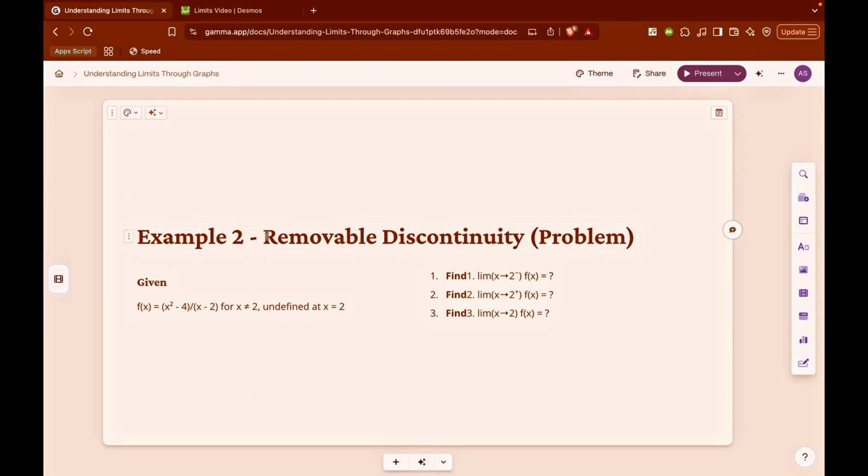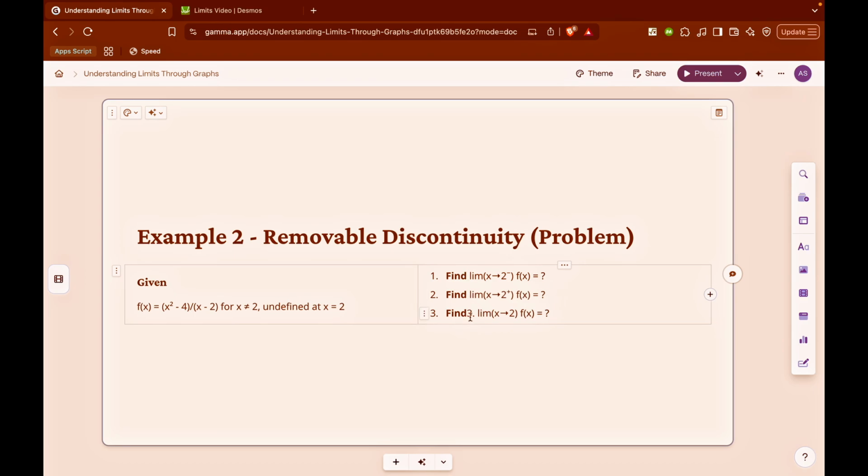Here is another discontinuity called the removable discontinuity, which I covered earlier. We have f of x equal to x squared minus 4 divided by x minus 2 for x not equal to 2, because it's undefined at x equals 2. So we have the limit as x approaches 2 from the left, the limit as x approaches 2 from the right, and whether the two-sided limit exists or not.